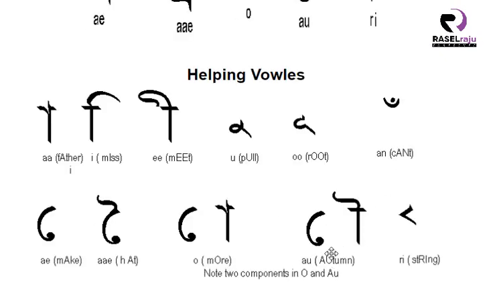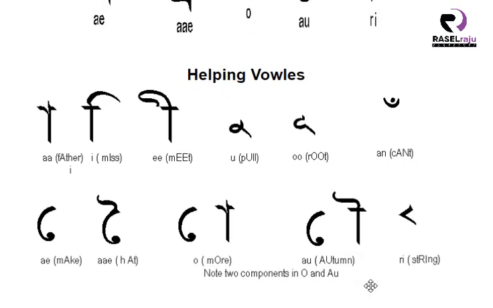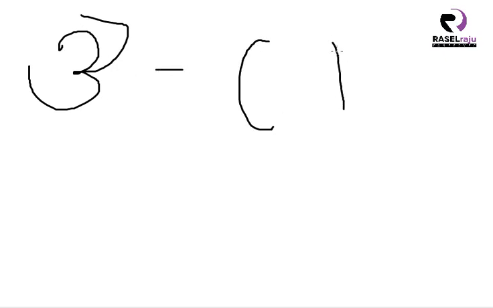It's O. It's also O, but it's a main vowel. It's a helping vowel. How to write it? O. It's a main vowel. It's a helping vowel.